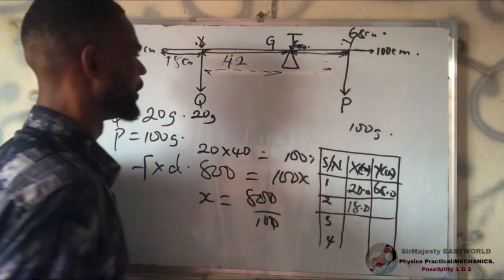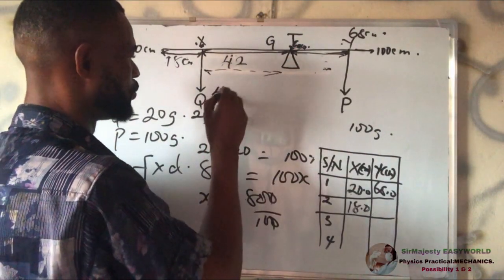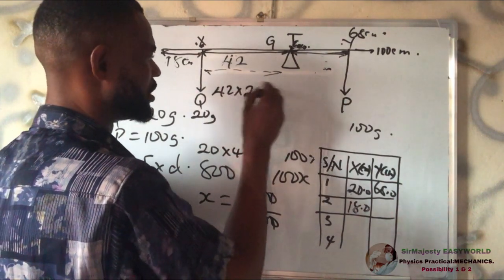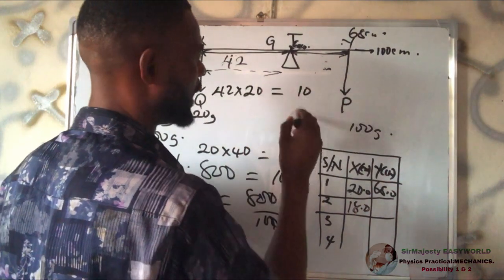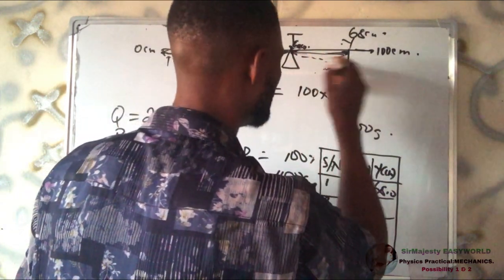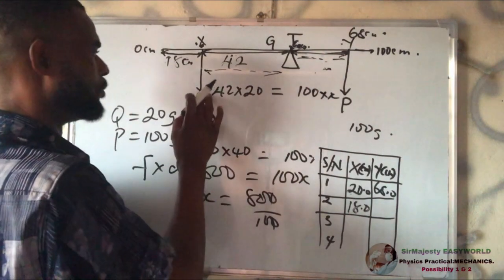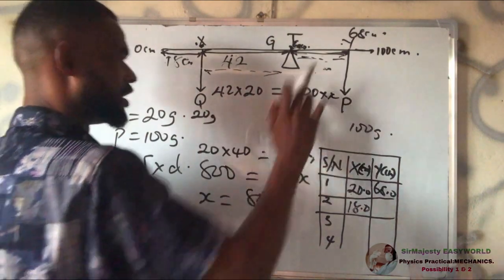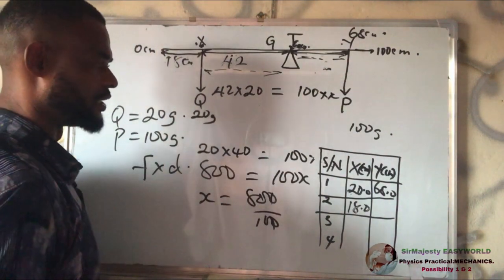You now say 42 multiplied by 20 is equal to 100 times x, so that the anti-clockwise moment is equal to the clockwise moment. You understand?